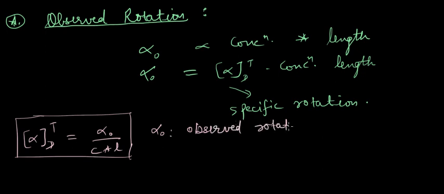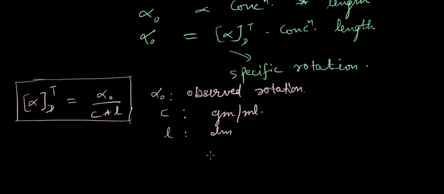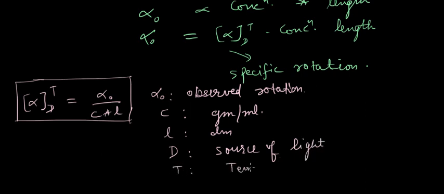Observed rotation is measured via some instruments, and this value will be given to you when this type of question is asked, right? Concentration is in gram per milliliter of the compound. Length is in decimeter. D is the source of light, and finally T is the temperature.